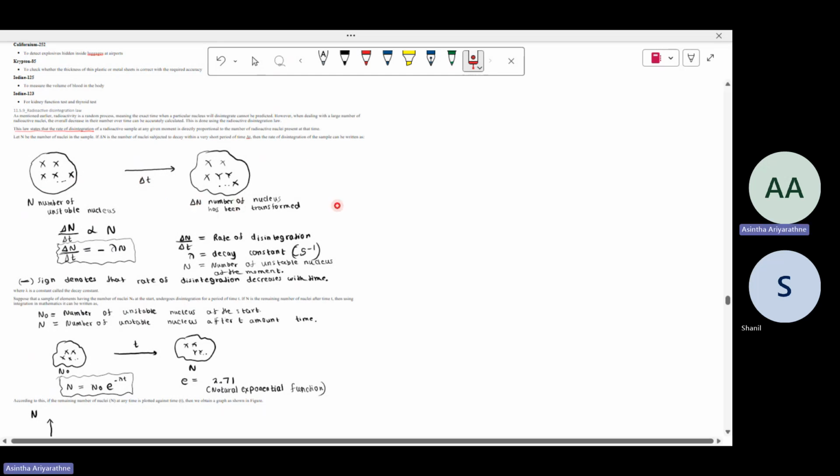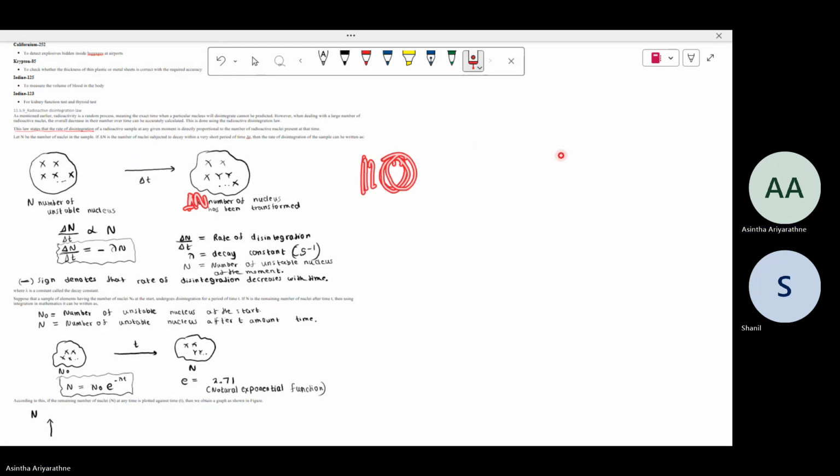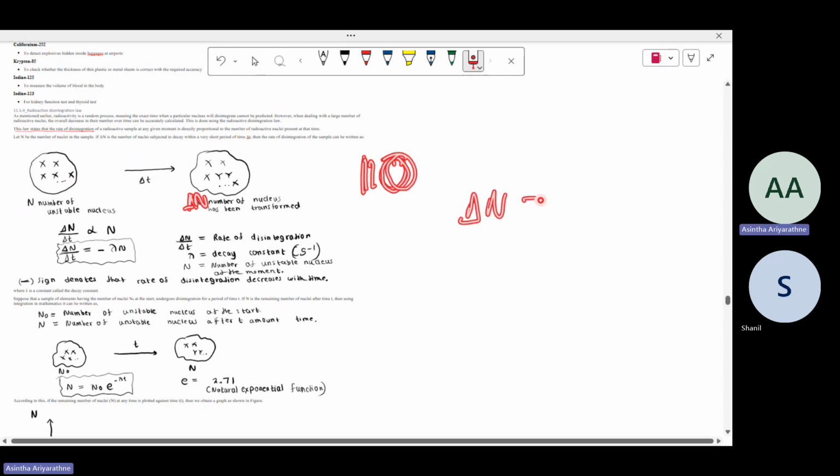If initially there are 10 unstable nucleus, and after, let's say, 2 seconds there are only 6 unstable atoms, then delta n is 10 minus 6, which is 4.